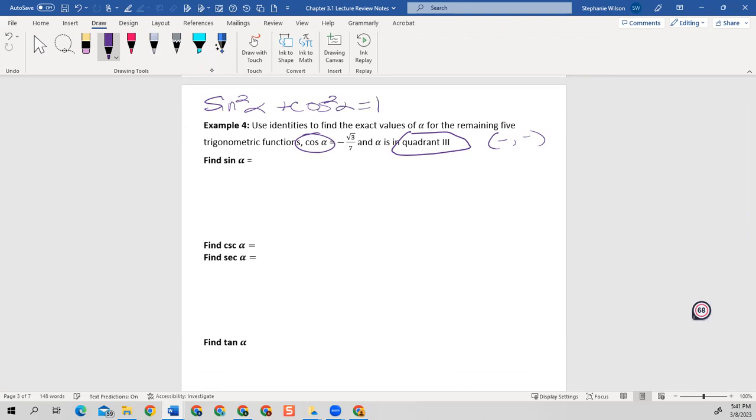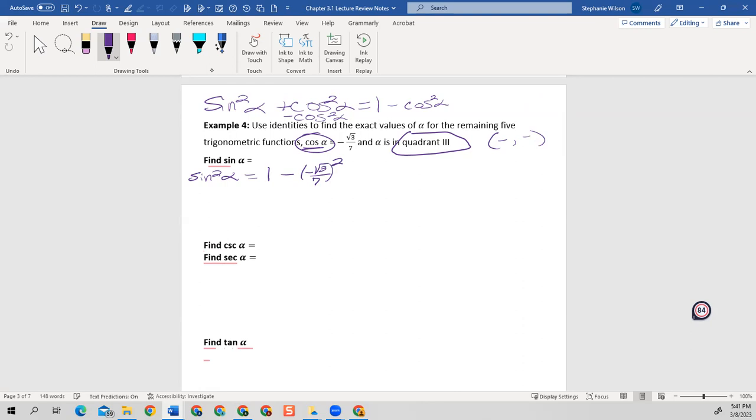However, we're solving for sine, so I can subtract the cosine squared from both sides. So now let's solve for sine squared alpha. That's 1 minus, and I know what cosine is. It's negative square root of 3/7. But don't forget the square, because it's cosine squared. We only knew what cosine is, not cosine squared.